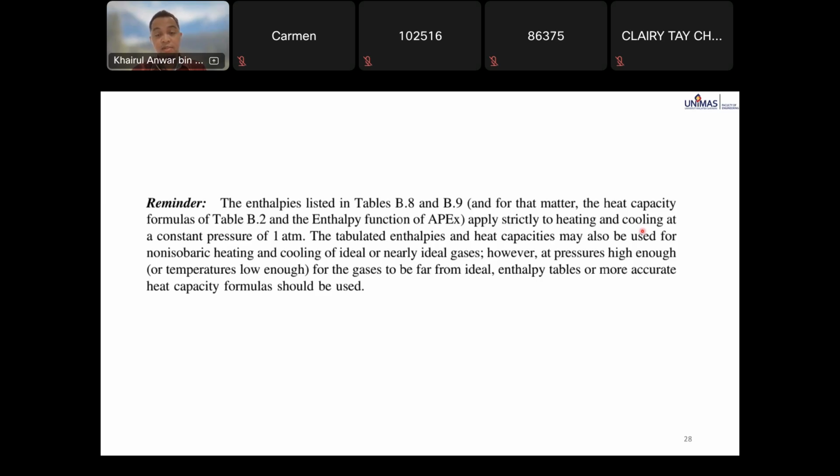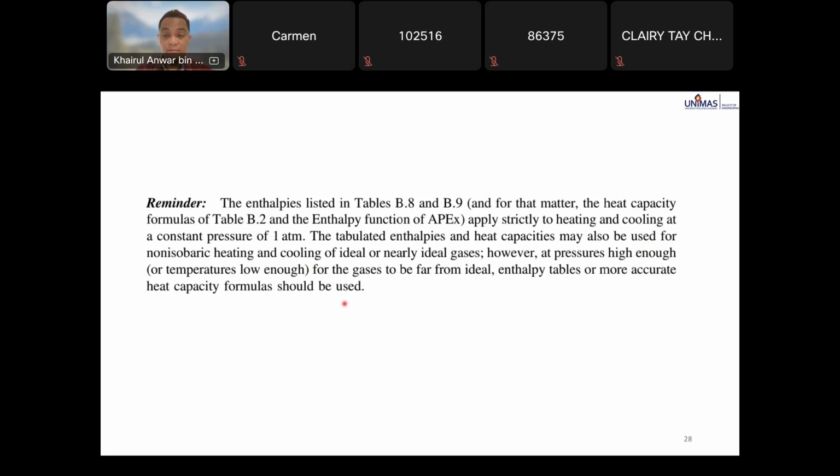The tabulated enthalpy and heat capacity may also be used for non-isobaric heating and cooling of ideal or nearly ideal gas. However, at high enough pressure or low enough temperature for the gas to be far from ideal, steam table or more accurate estimation should be used.